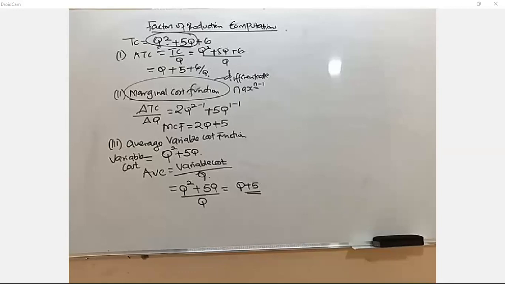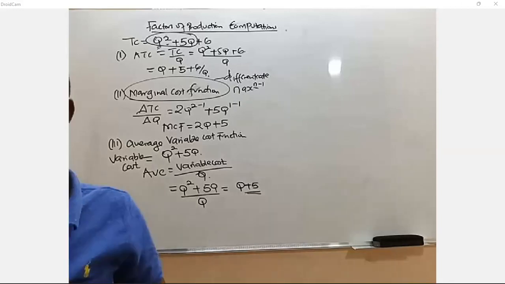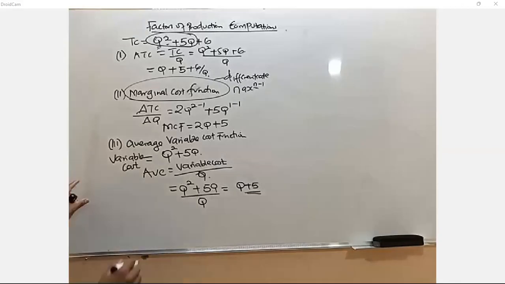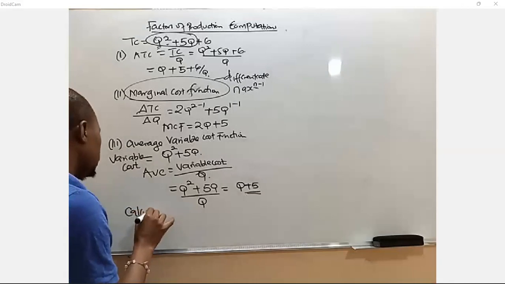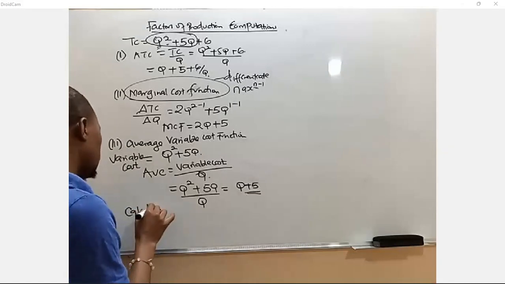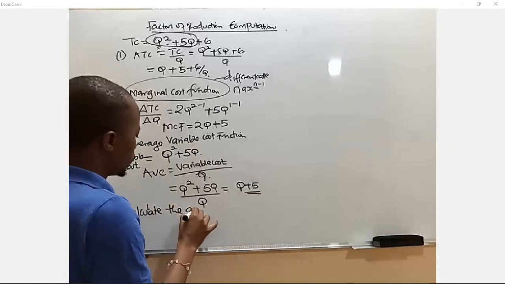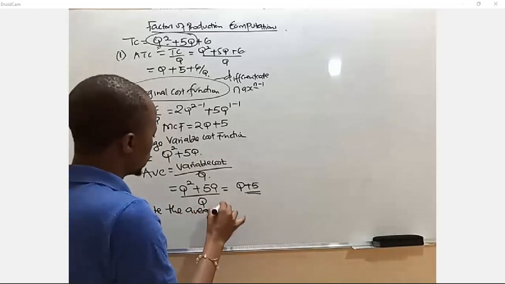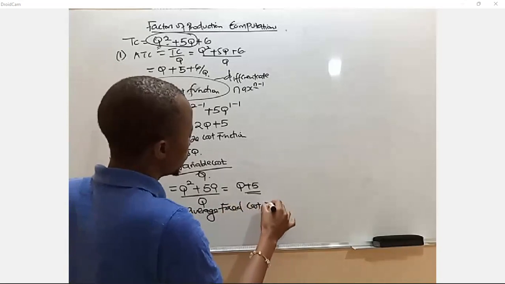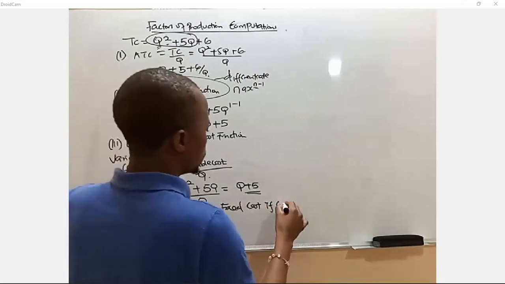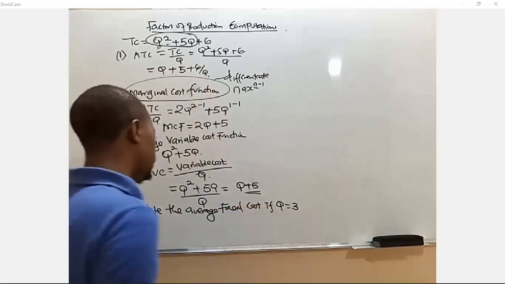So calculate the average fixed cost. To calculate our average fixed cost, if Q is equal to 3, it is very simple.